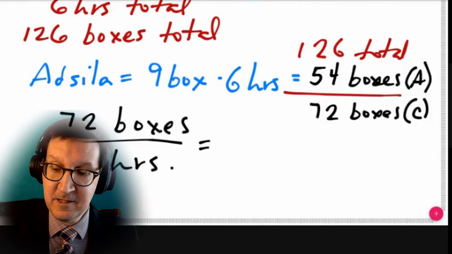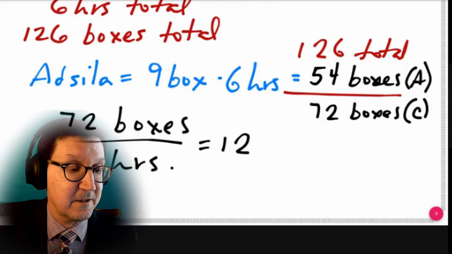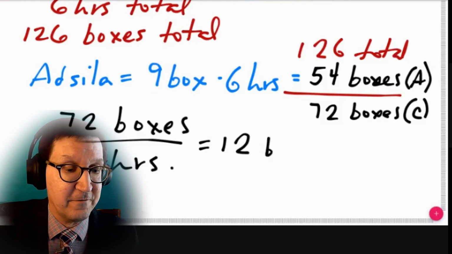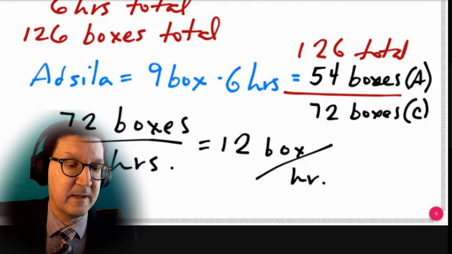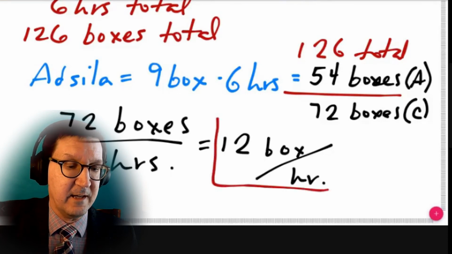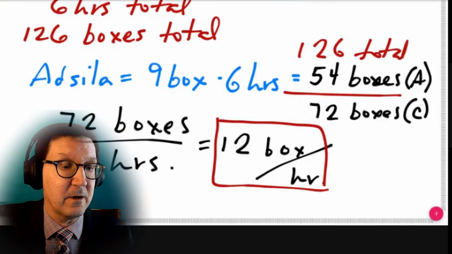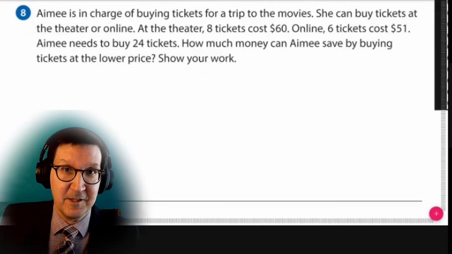Divide that to find the unit rate, and 6 goes into 72 12 times, 12 boxes per hour. And that's the answer to that. How many boxes did Carlos fill per hour? 12 boxes per hour. Now let's move on to number 8.